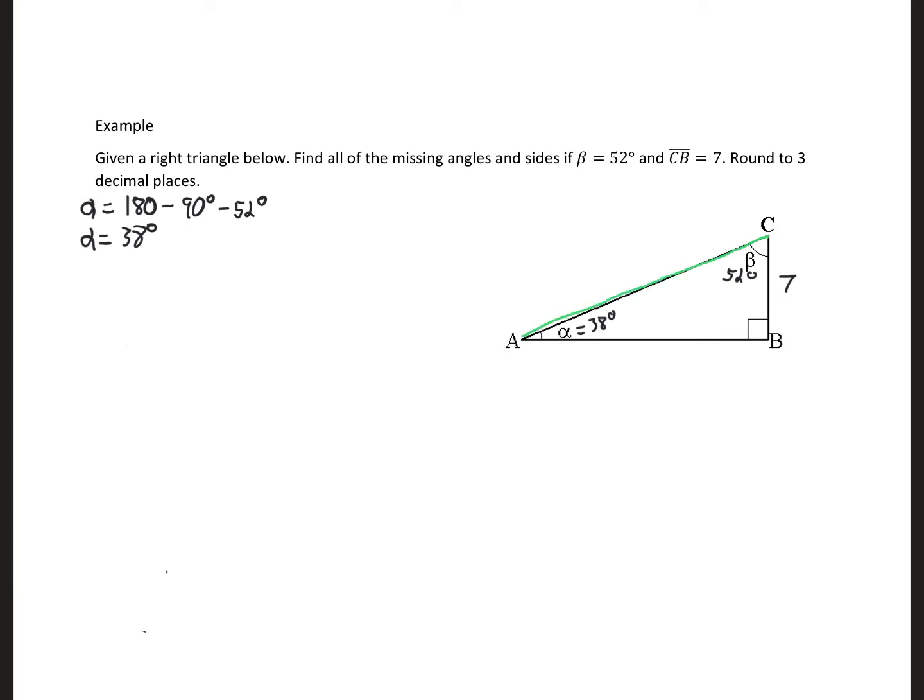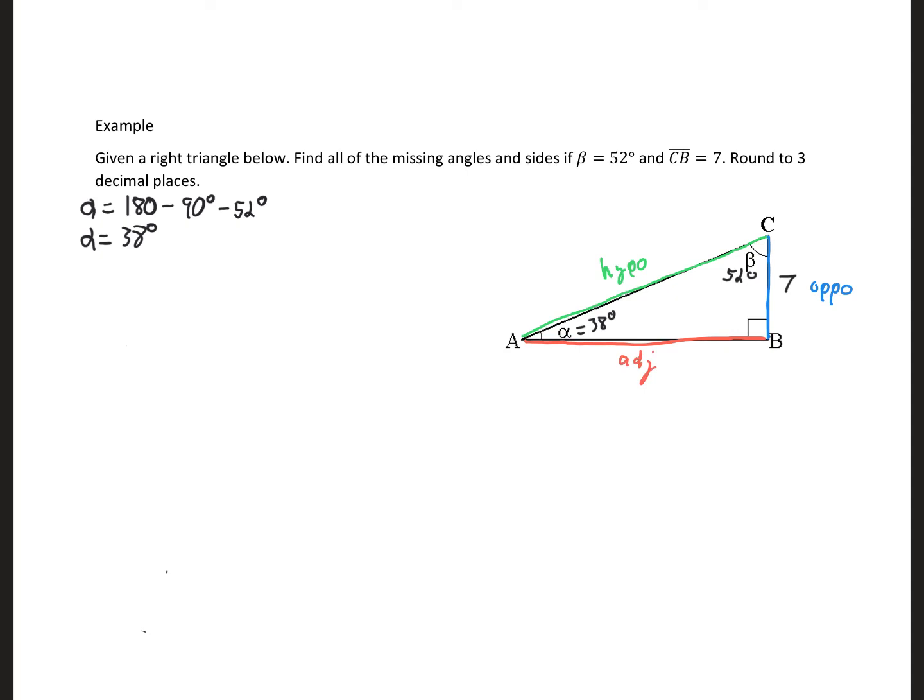So this is still the hypotenuse. But now the sides are going to change. Now if I shoot across from 38 degrees, this side length CB, or a length of 7, this is now the opposite. And this side length here, AB, this is now the adjacent.